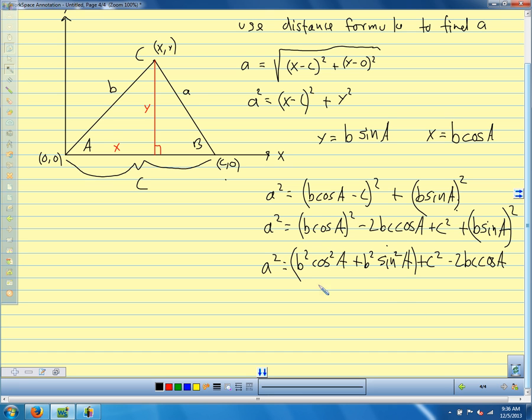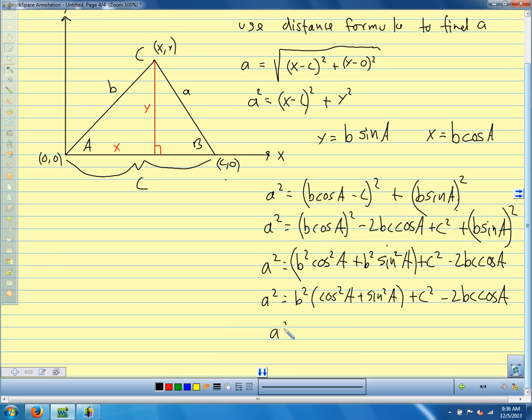What can I do here? Factor out the b squared. So a squared equals b squared times cosine squared A plus sine squared A, plus c squared minus 2bc cosine A. Cosine squared A plus sine squared A is 1.